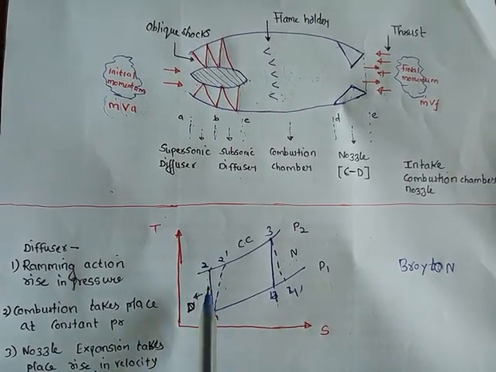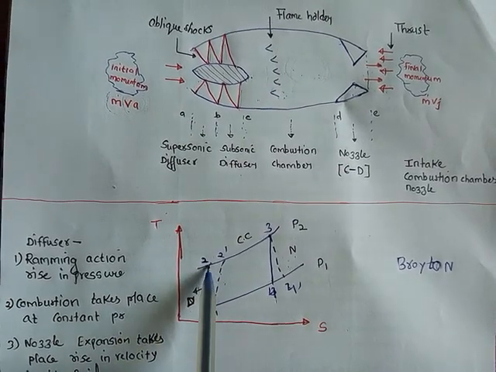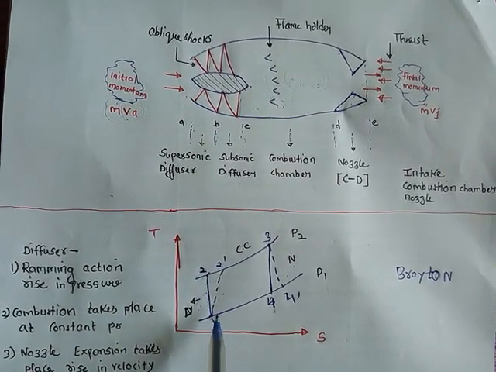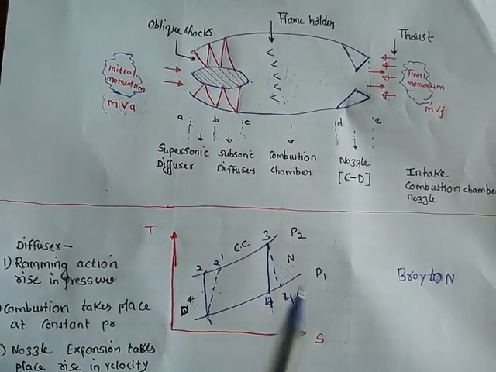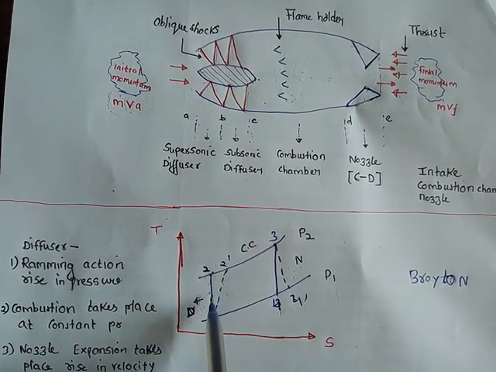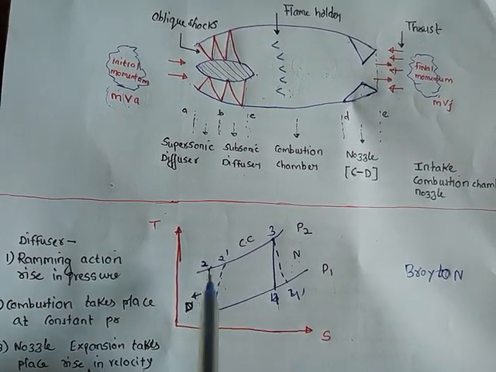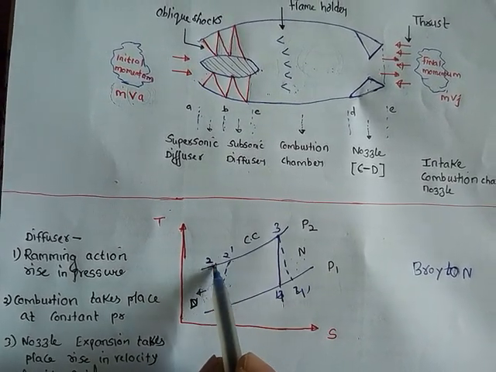We have shown both the ideal and the actual processes. Why? Because every equipment is a mechanical equipment. It will have a certain amount of mechanical efficiency due to the losses. So we are taking the losses into consideration also, and we have shown both the actual cycle and the ideal cycle. Now the combustion takes place at constant pressure. This is the most important thing.